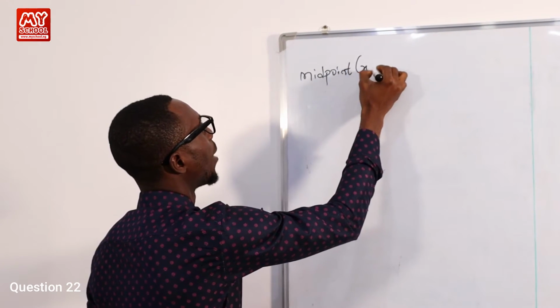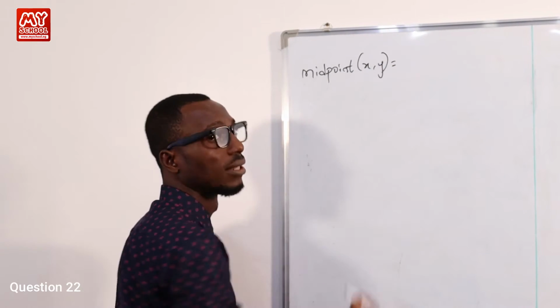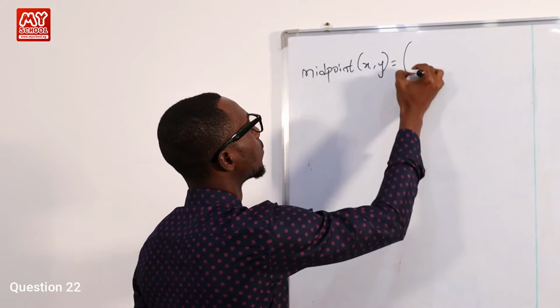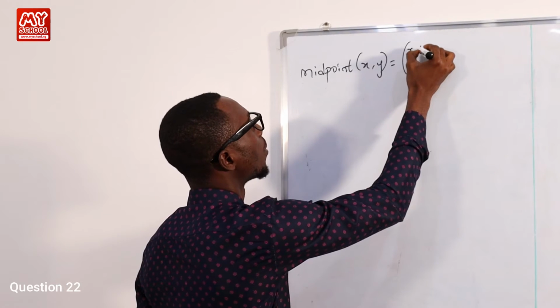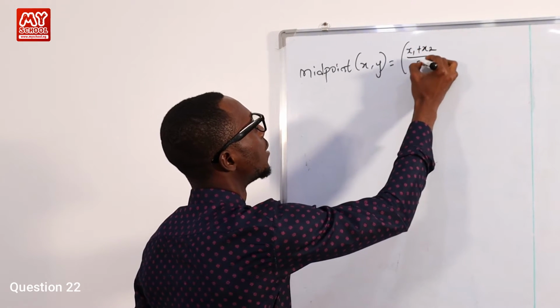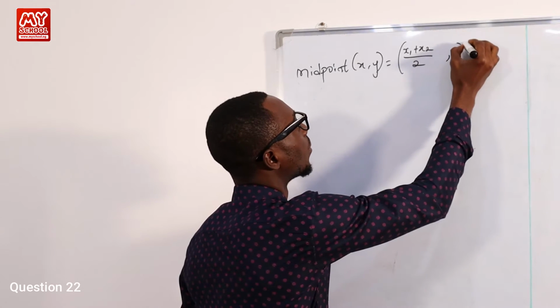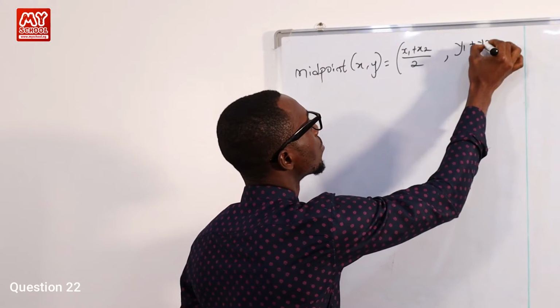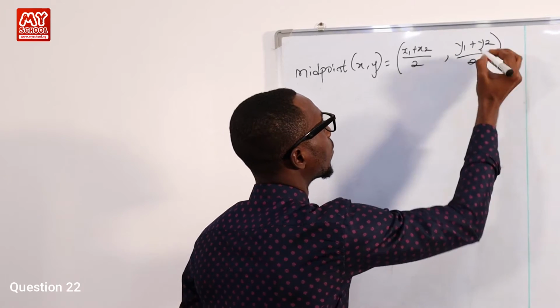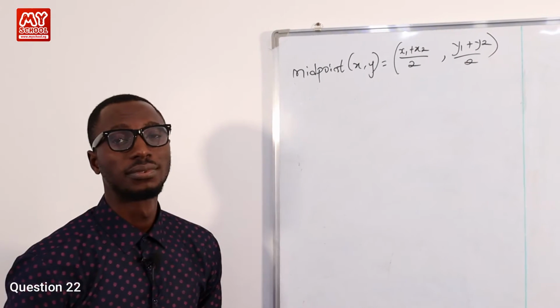For the x-plane, x1 plus x2 divided by 2. Then for the y-plane, y1 plus y2 over 2.